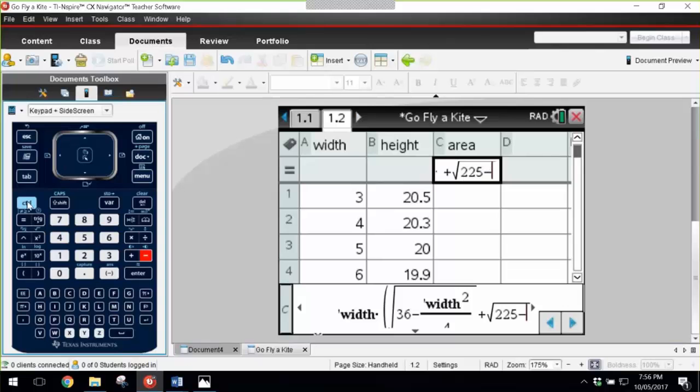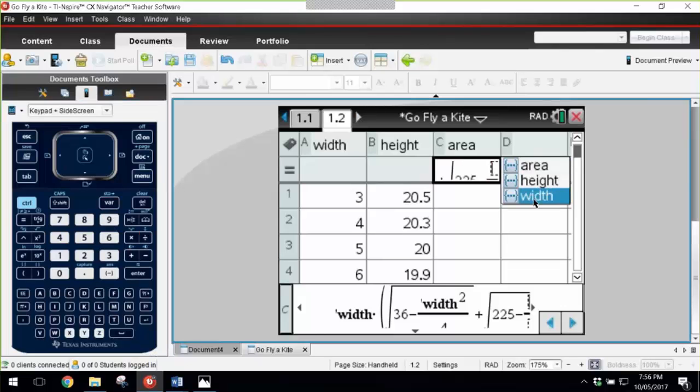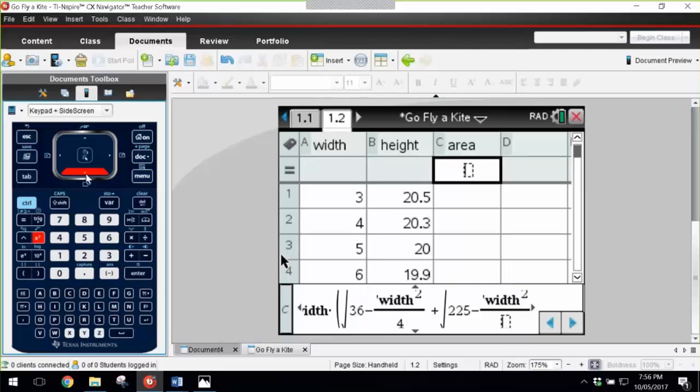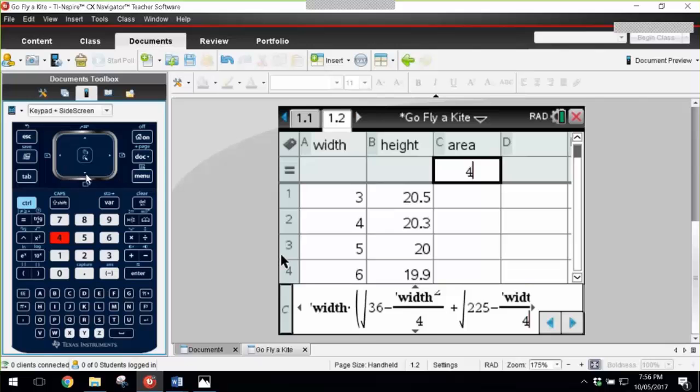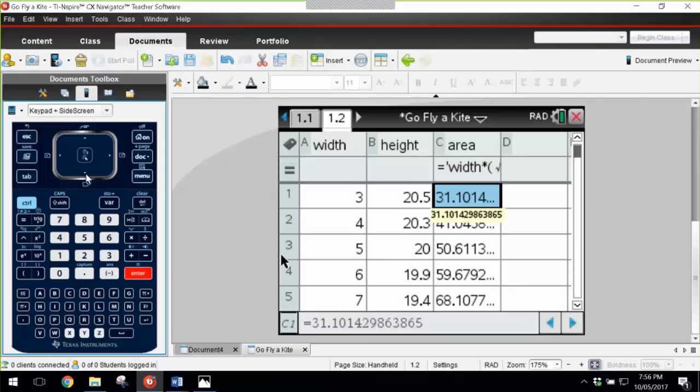Same thing again. We look at that formula as I showed you before, and you'll see that, control divide, and we actually have the variable width squared. And then we go divide 4, and don't forget the last little bit which students seem to do, divide by 2. So at the moment, there's the area of our kite, our little model kite.